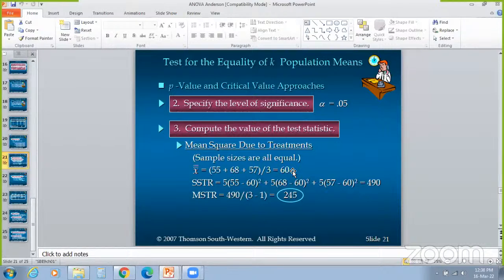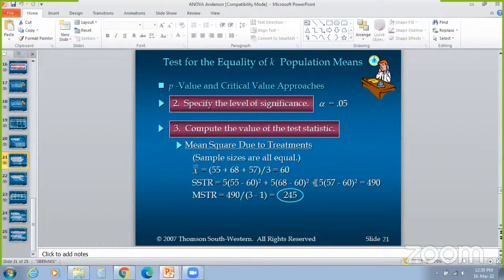That is the mean of the means. This is the average hours per week by all the managers, all 15 managers, for example. So that is 60. And you have to take the difference between these two: first plant average with grand mean, second plant average with grand mean, and so on.